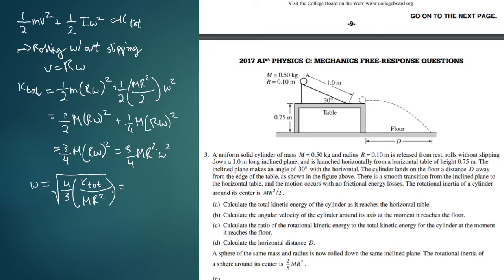Let me just do this one more time. So it's 4 times 2.5 divided by 3 times 0.5 times 0.1 squared, and then square root. So yeah, we get 25.81, or 82 I should say.